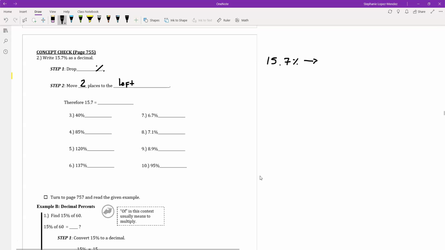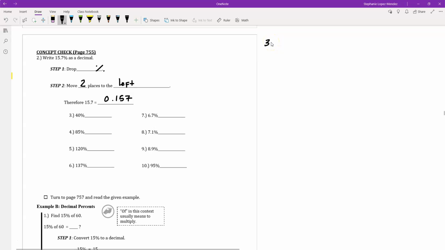Step 1 is to drop the sign. We only have 15.7. Now in our second step, we need to move our point 2 times to the left. So what is my answer? Again, 0 comes before the point, and we just write again 1, 5, and 7. So my answer is 0.157.